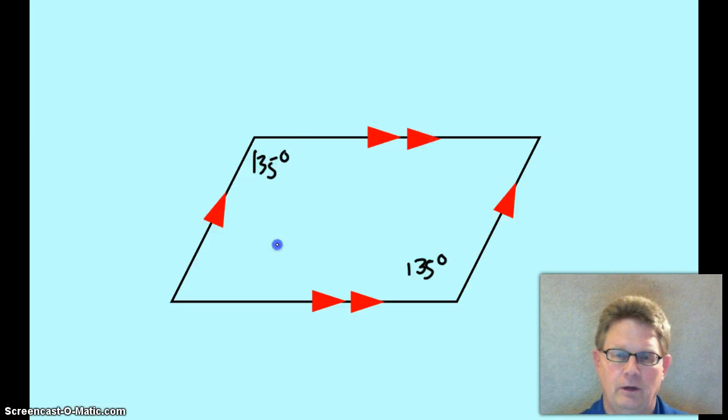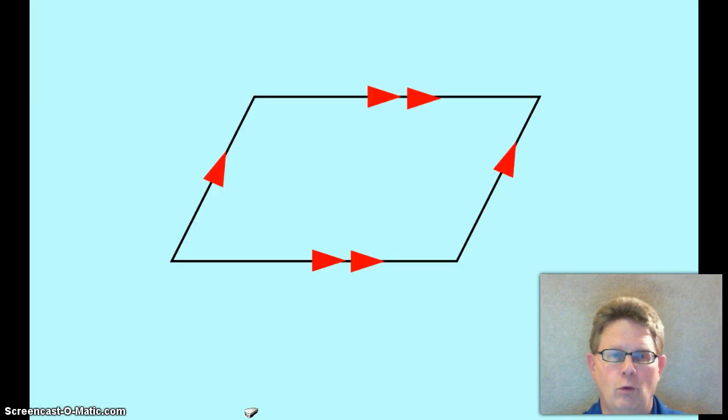Okay, we've got these parallel lines, and these are same side interior angles, and it actually makes sense to call them consecutive interior now, only because they're interior angles and they're consecutive, right next to each other in a parallelogram. So now it actually makes sense to call them consecutive interior. They're supplementary. 45, 45.